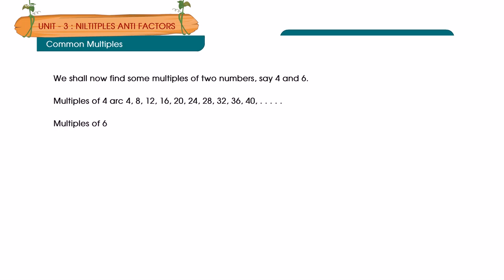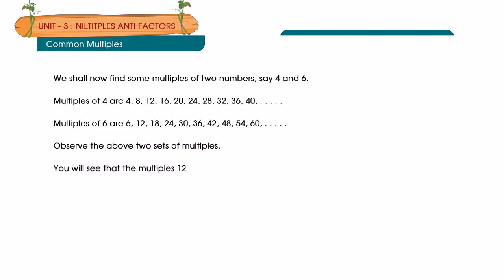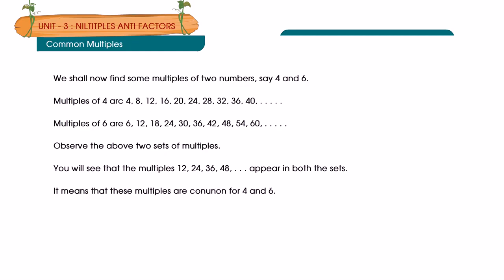Multiples of 6 are 6, 12, 18, 24, 30, 36, 42, 48, 54, 60, and so on. Observe the above two sets of multiples. You will see that the multiples 12, 24, 36, 48, and so on appear in both the sets. It means that these multiples are common for 4 and 6. We say they are the common multiples of 4 and 6.